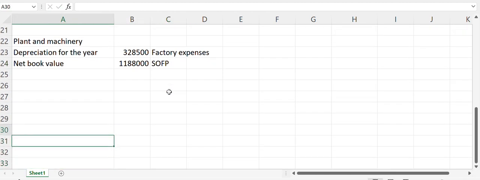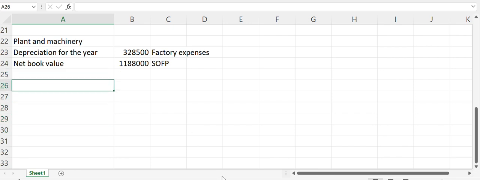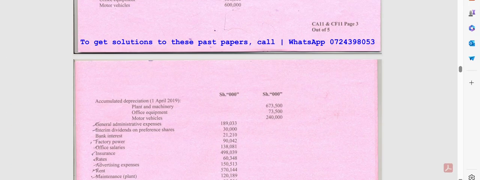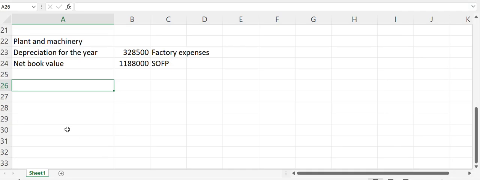So we proceed, my friends, with the depreciation. So the next one in the addition information is what? It is office equipment.